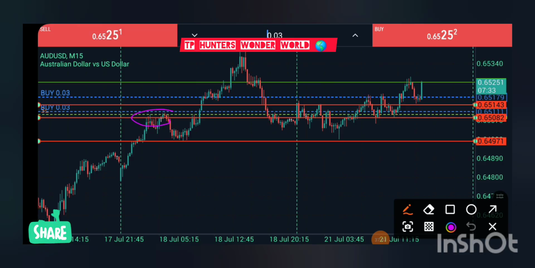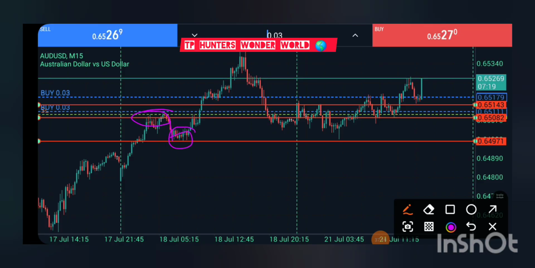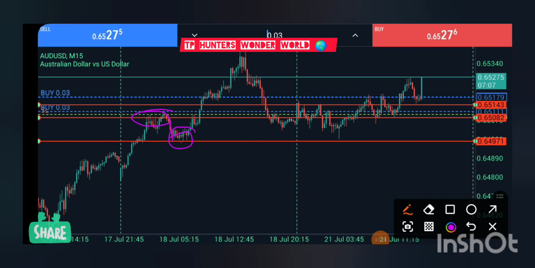Let me say price created a resistance, it came back to test the breakout, and this is the second breakout. We have a breakout somewhere here. We have another breakout here.